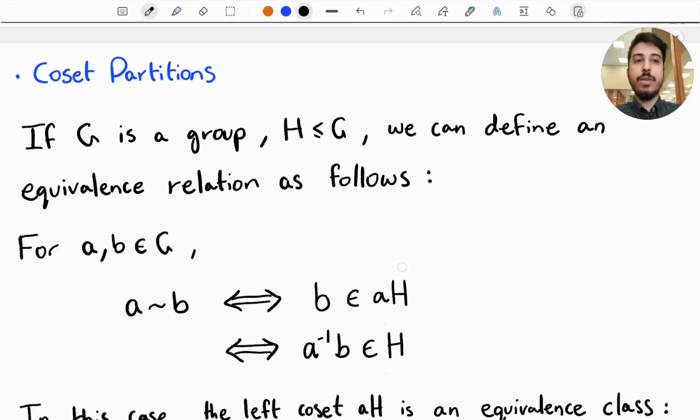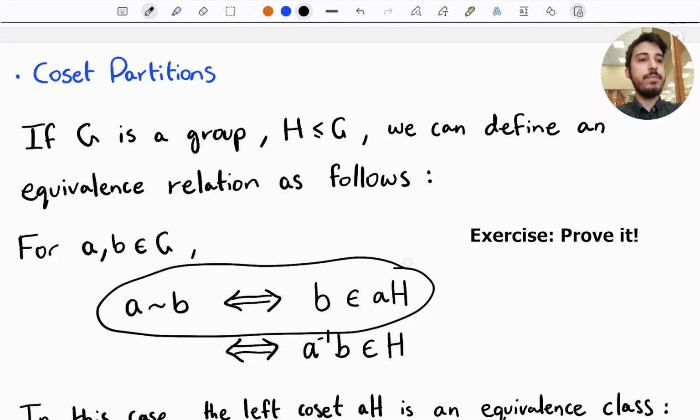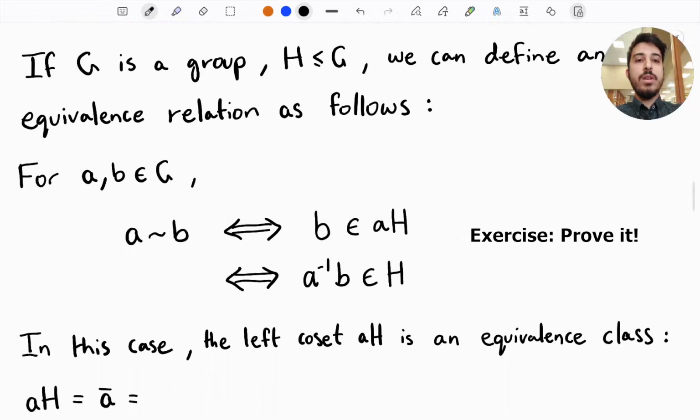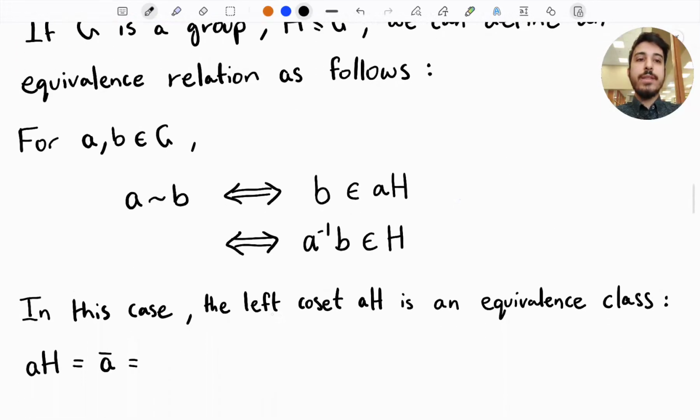And this is an equivalence relation. So in this case, the left coset aH is an equivalence class which we denote by a bar. And this is the set of all the b in G such that b is inside the coset aH.